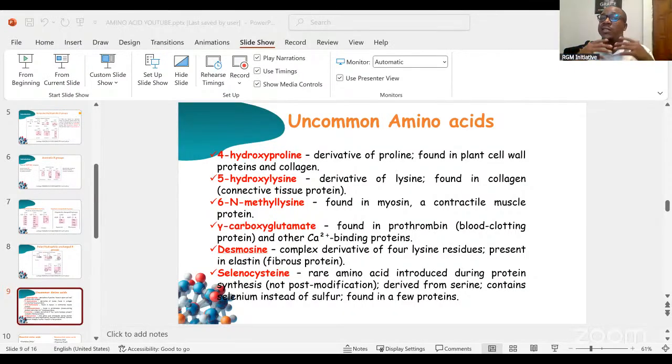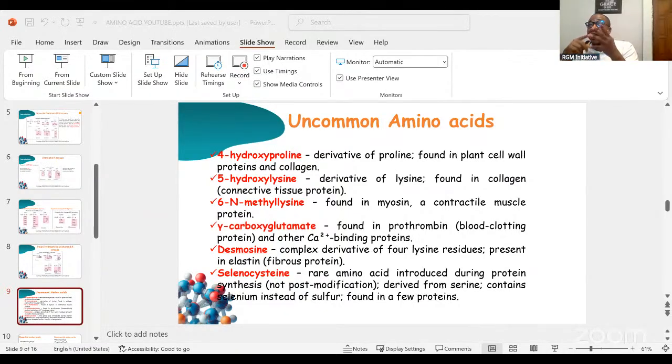We also have selenocysteine, which is a rare amino acid introduced during protein synthesis, not post modification. When we say not post modification, it means that this particular amino acid is coded by the gene. Now, we know that there are only 20 amino acids that are coded by the DNA or by the gene, but this one is also coded by the gene.